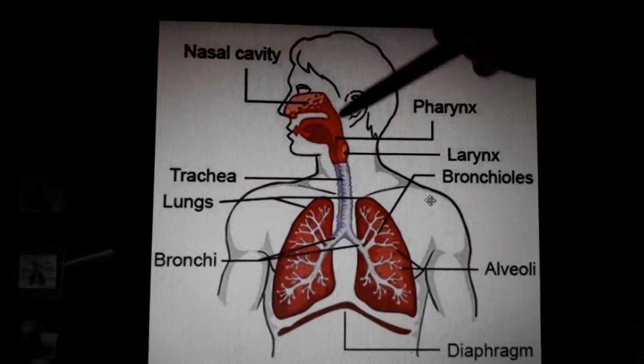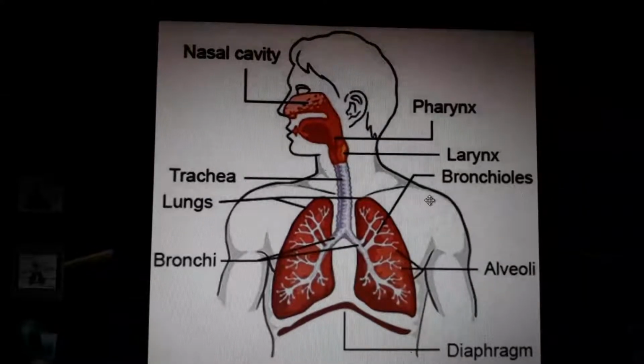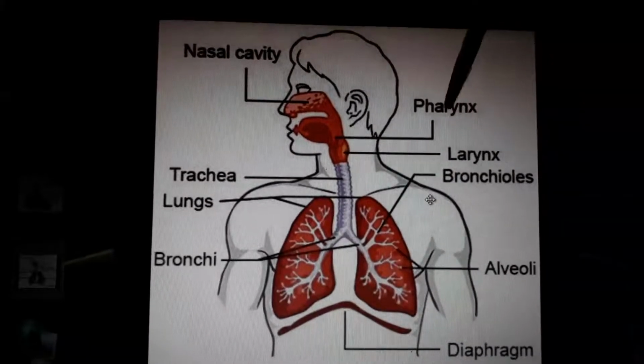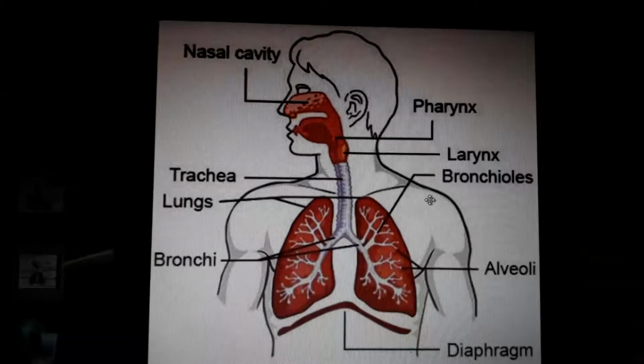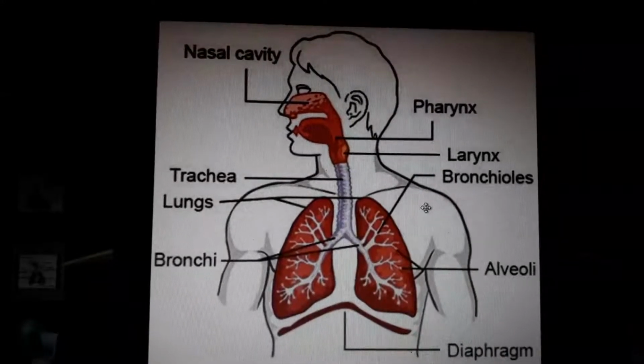That is the nasal cavity. After that, there is a particular thing called the pharynx or larynx. For your 10th standard you don't have to study that, but I will tell you what the pharynx is and what the larynx is.